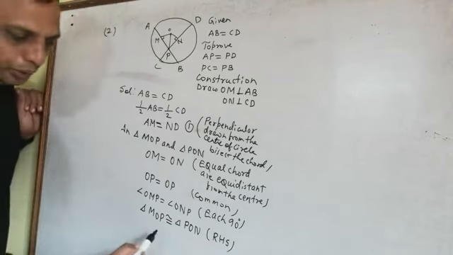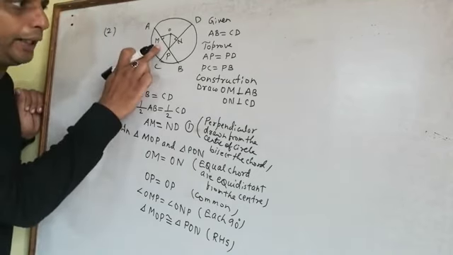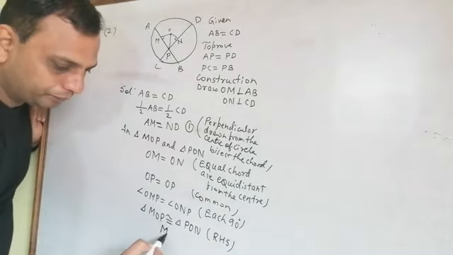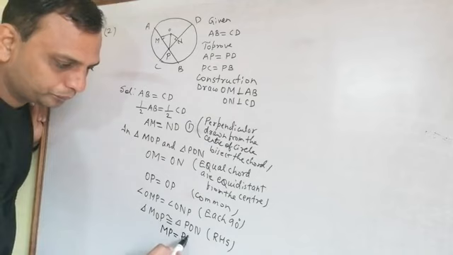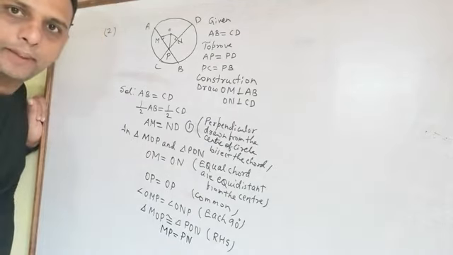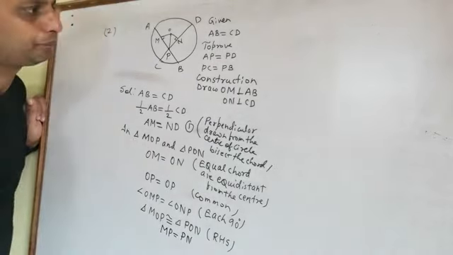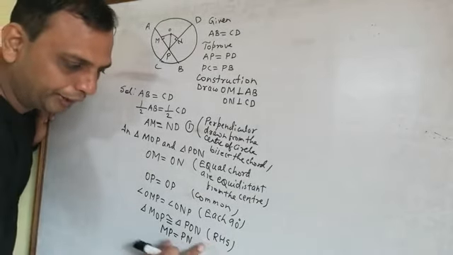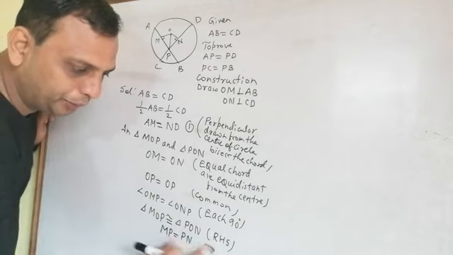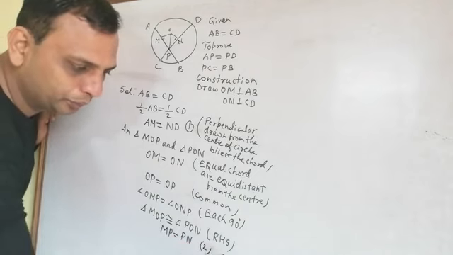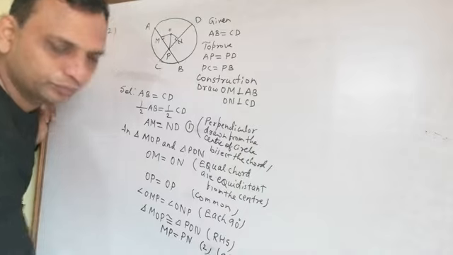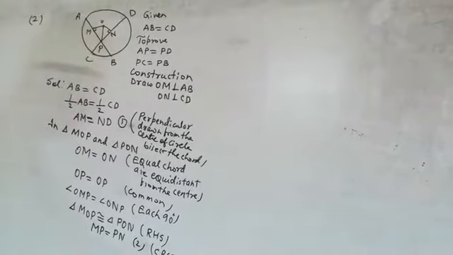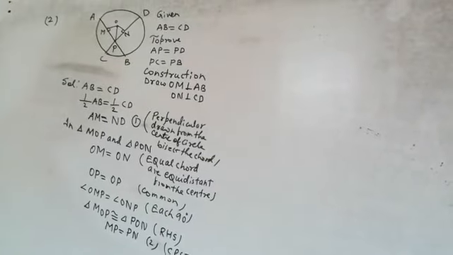If both triangles are congruent, then on this basis we can write MP is equal to PN. Equation number 2. And here you can write CPCT. First write CPC, equation 2, then CPCT. I think you know this. Now we need the figure.